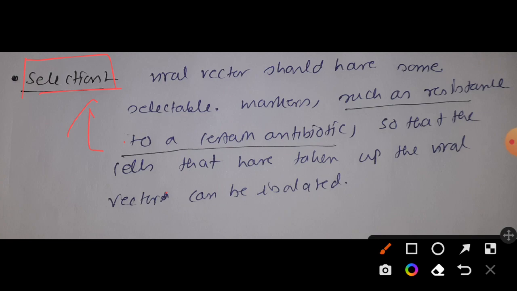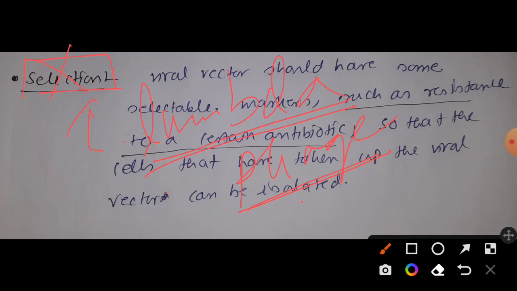Although this point is not applicable to lambda phage vectors, because we have discussed that the lambda phage vector is naturally selected. Due to the presence of the phage headful mechanism, we do not have to bother about selection.